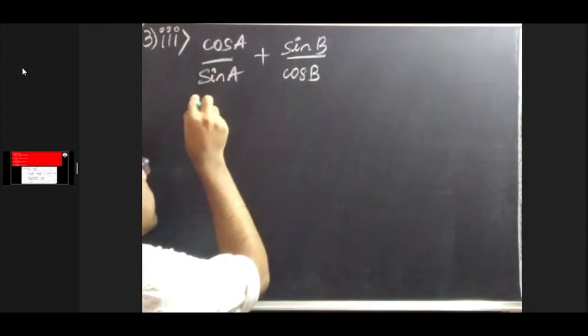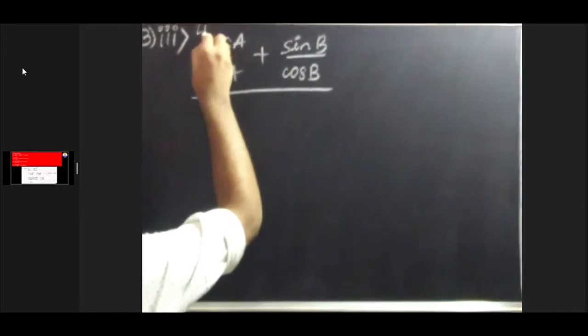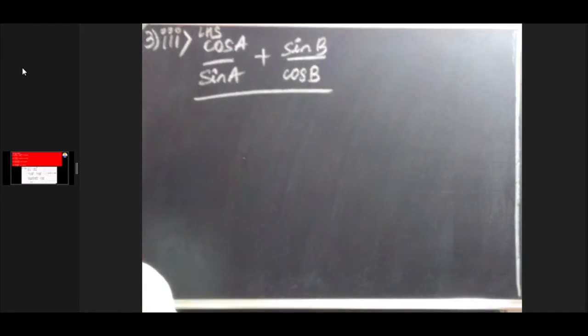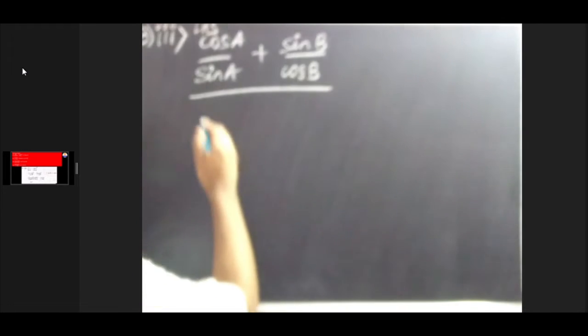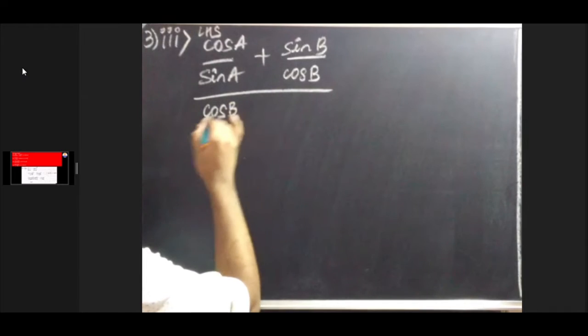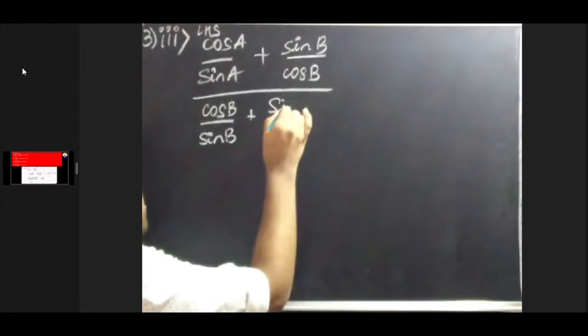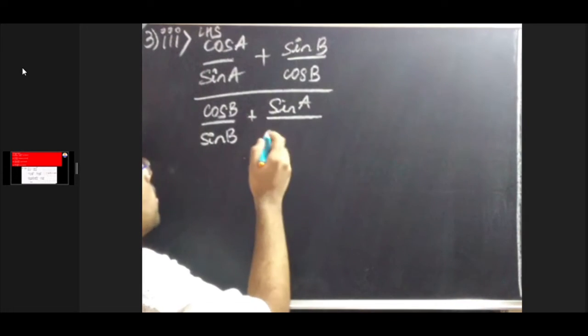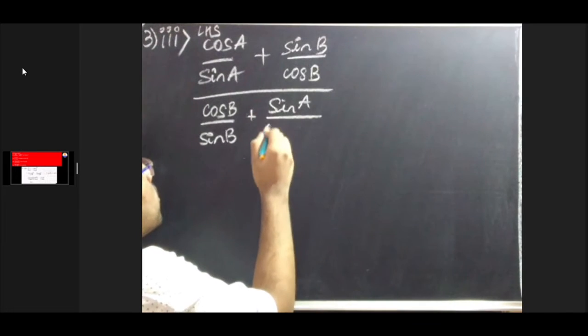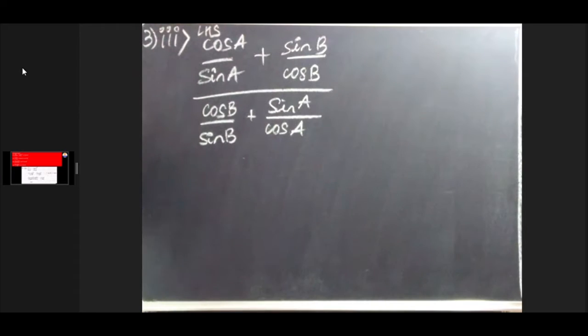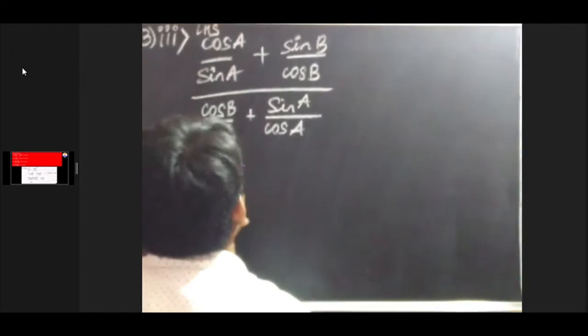Similar way, the denominator, using LHS only I am solving. The denominator can be written as cos B by sin B plus sin A by cos A. Let's take LCM and simplify them.